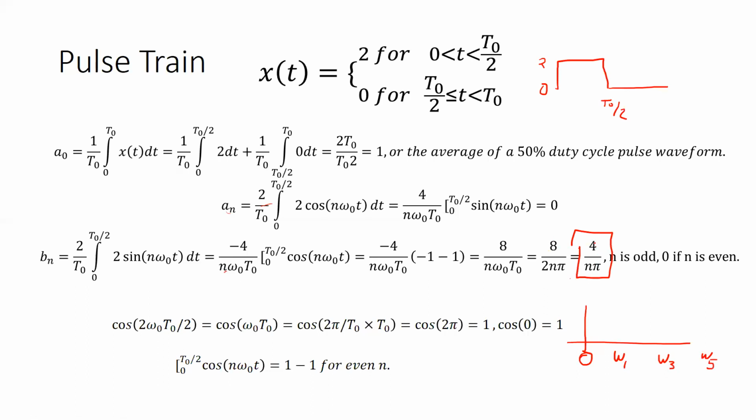So in this case, 4 divided by 1, so it's really 4 divided by pi, a little bit less than 1. Then it's 4 divided by 3 divided by pi, 4 divided by 5 divided by pi, and so it gets progressively smaller.